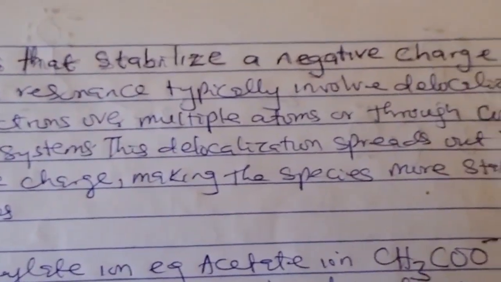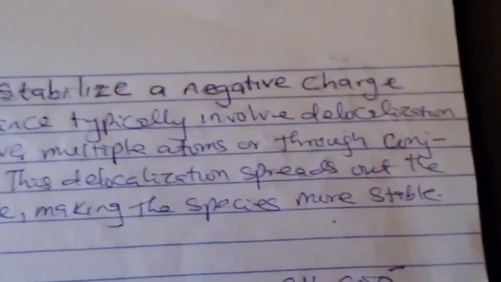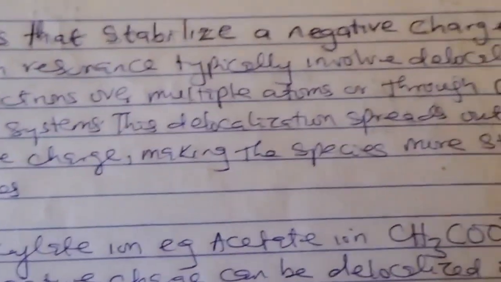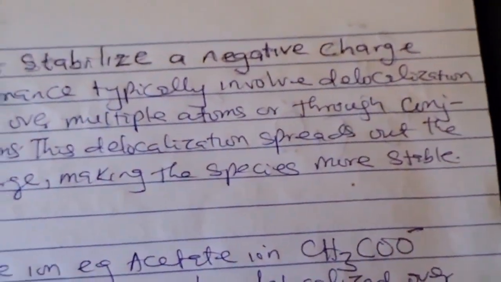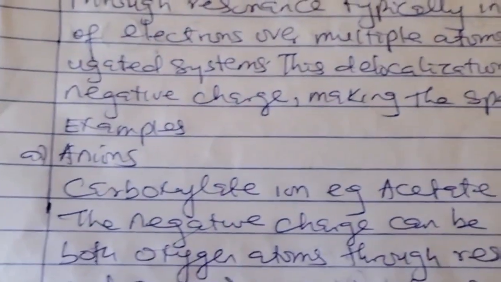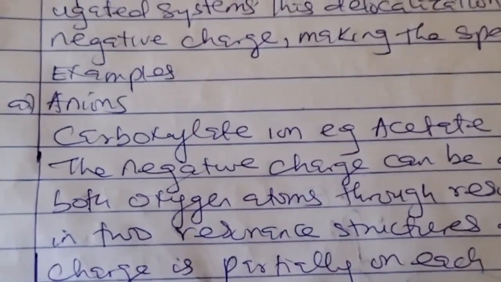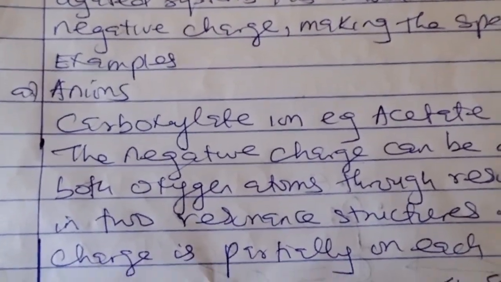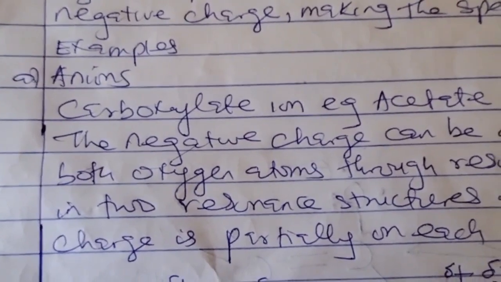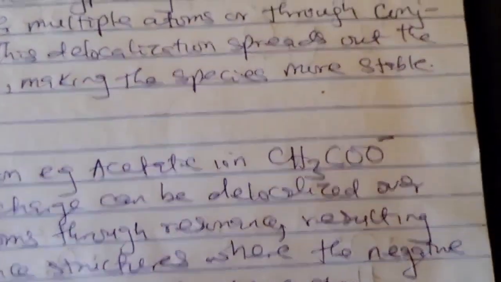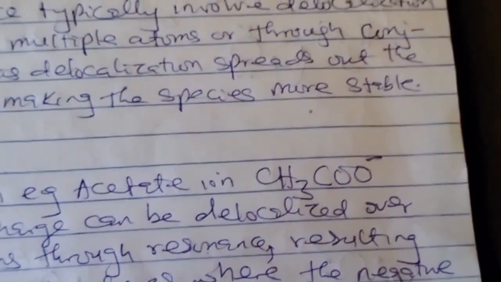This delocalization spreads out the negative charge, making the species more stable. Examples are mainly anions. Anions are species that have negative charges. One of the examples is the carboxylate ion, for example the acetate ion, which is obtained from ethanoic acid.